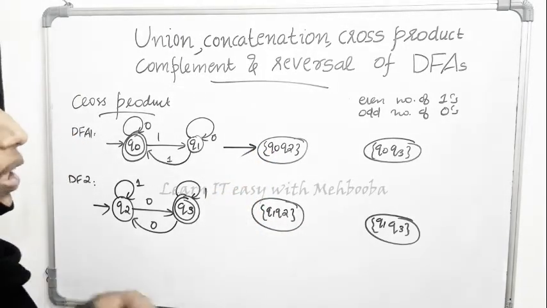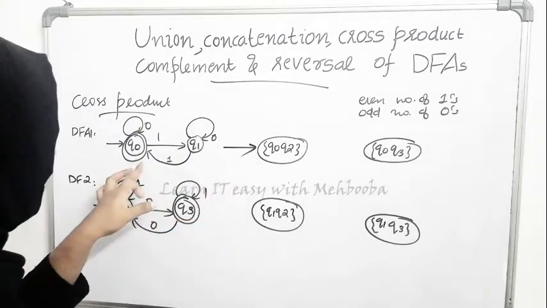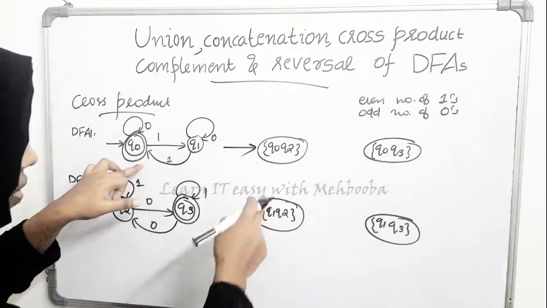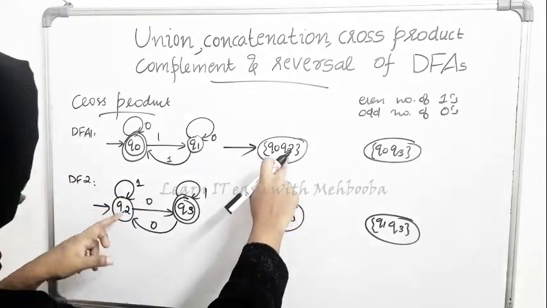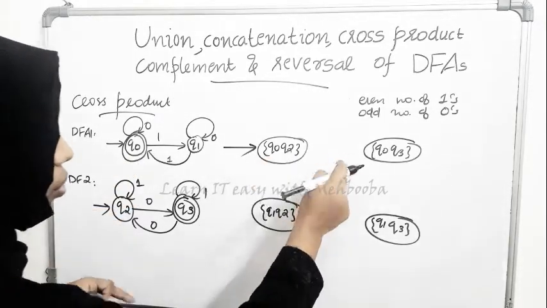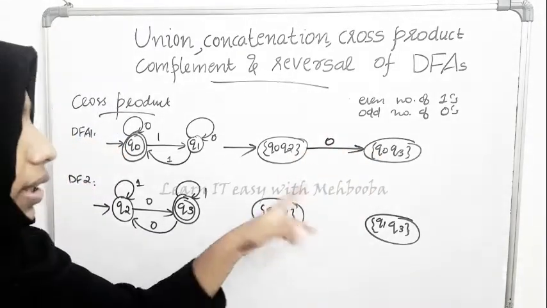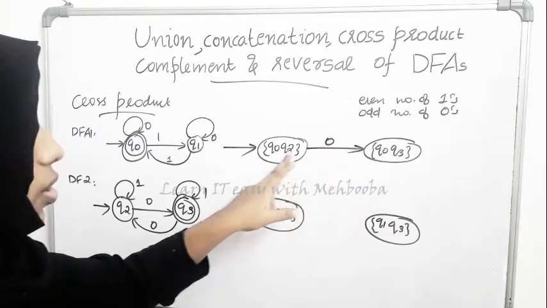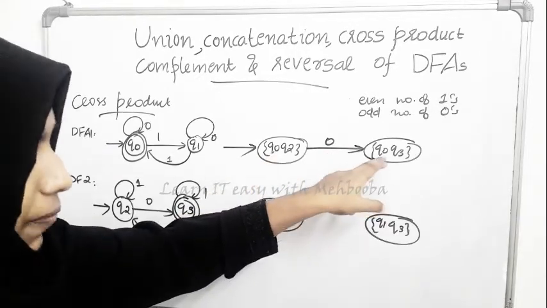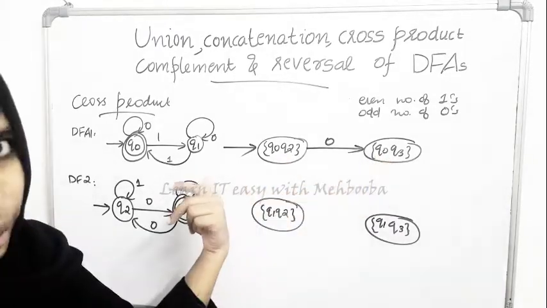Hope that is clear. Now we will define the transitions. From Q0 on 0 you have a transition to itself, and from Q2 on 0 you have a transition to Q3. So you can mark the transition on 0. That is, a transition on 0 here means that there is a transition from Q0 to itself in DFA 1 and Q2 to Q3 in DFA 2.